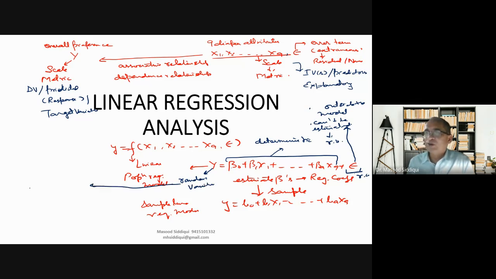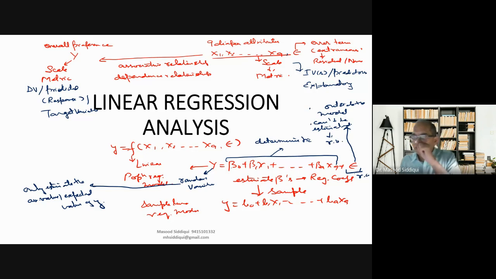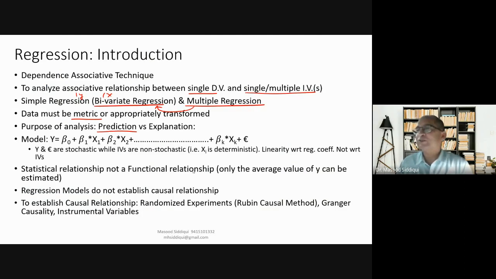We can only estimate the average value or expected value of y. That's why this regression is also known as average regression. Let me cover the next slide, then I will be taking the questions.